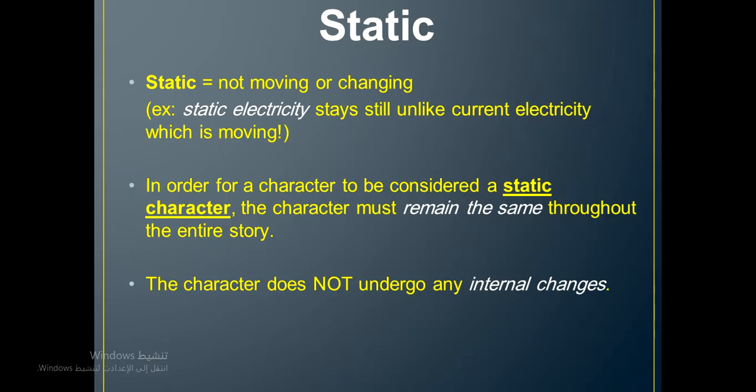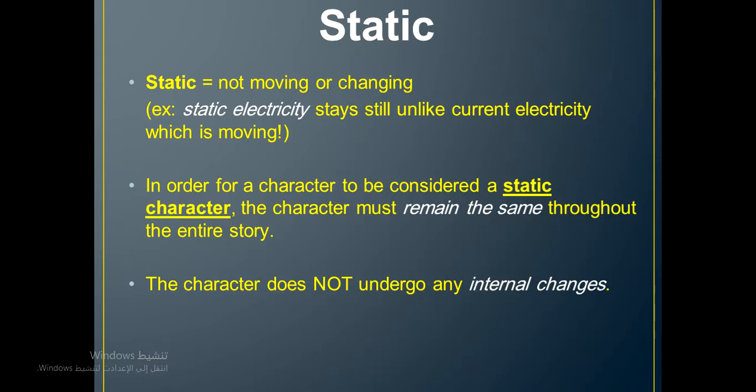There must not be any change in his or her character. If there is a change, which is clear to the reader, then the character will move from static to dynamic character. So, the static character does not undergo any internal changes.